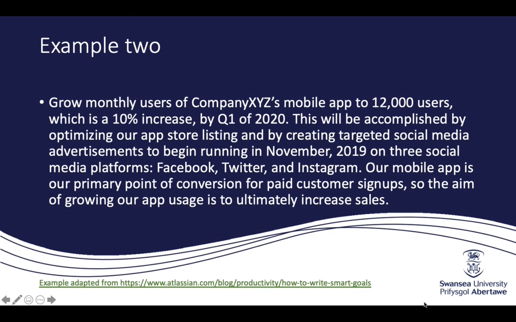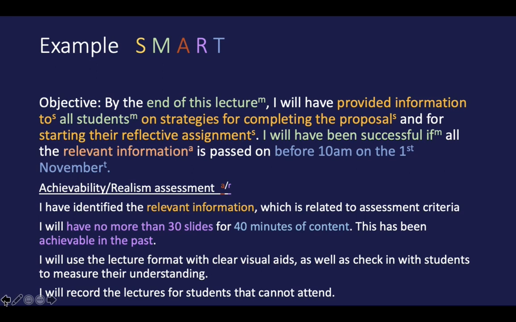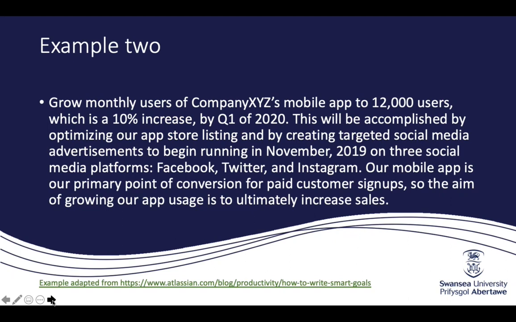So I think what you need to do is look at an example like this once you've written it, and then go back to what we were looking at in the previous slide and really pick out the elements of SMART as a sanity check that the objectives that you've put in place are going to work along these timelines and work along these objectives.